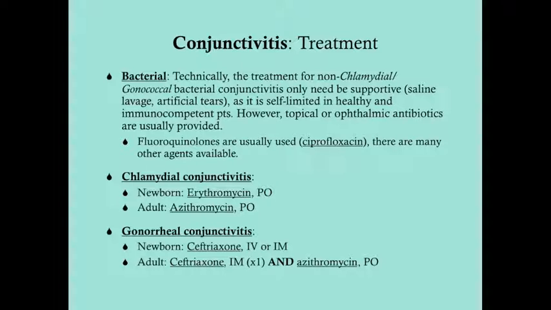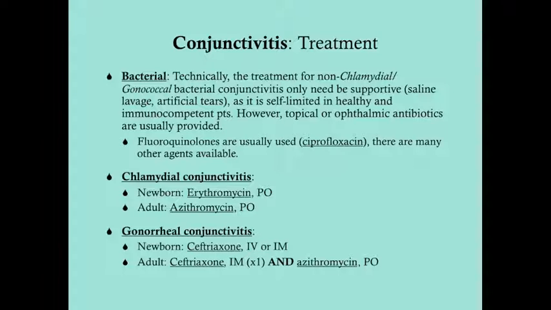Now, I say technically because non-chlamydial, non-gonococcal bacterial conjunctivitis is self-limited in healthy and immunocompetent patients. However, a lot of doctors like to use antibiotics because it is a bacterial infection, and in most bacterial infections we use antibiotics, so why not use it in conjunctivitis?